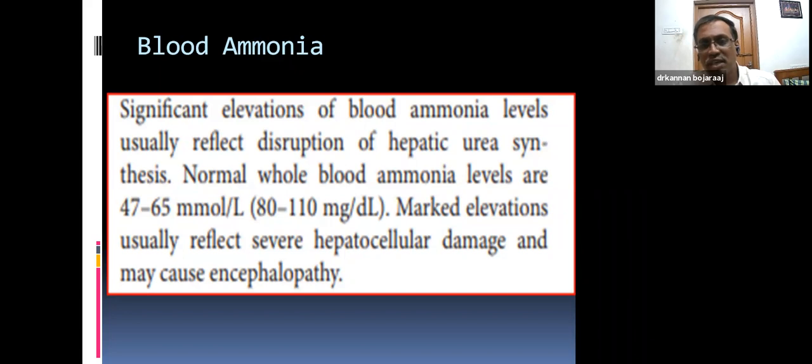This is most important, as I already told earlier, ammonia is very toxic to neural tissues and will lead on to hepatic coma. The normal value is 45 to 65 micromoles per liter, and marked elevation reflects severe hepatocellular damage and leads on to encephalopathy. So ammonia estimation is also important.